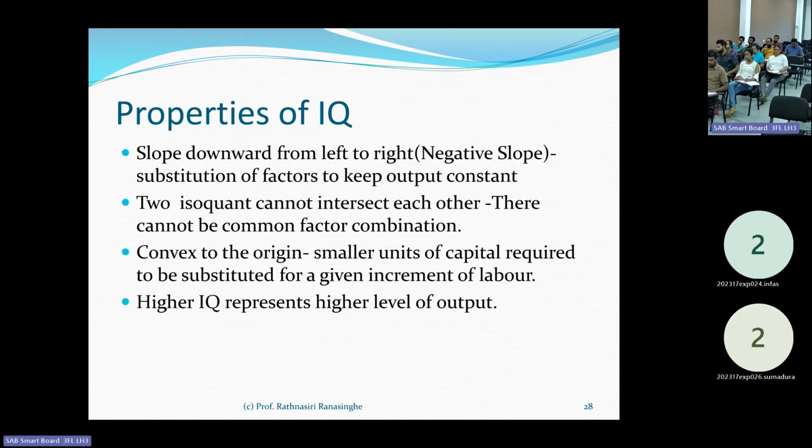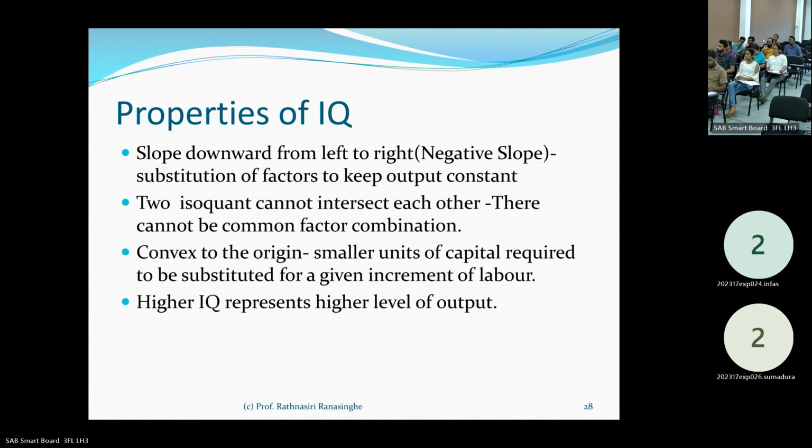The total production is the function you have been given, maybe the short-term function or the long-term function, right? Average productivity means what? Total productivity divided by labor, no?